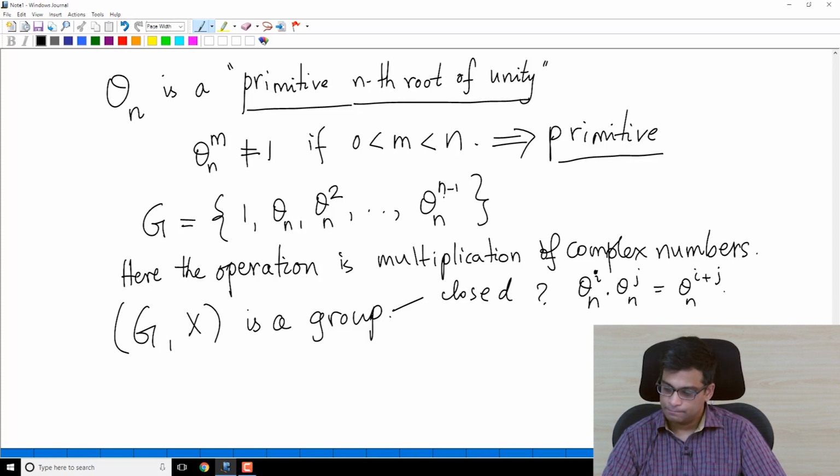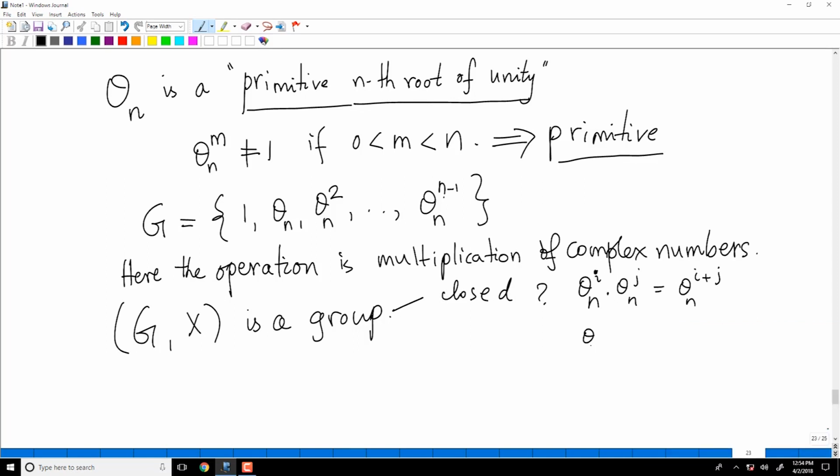It is easiest to see by example: theta n power n minus 1 times theta n squared is theta n power n plus 1, which is theta n power n times theta n, which is theta n. So this is again in the set G.